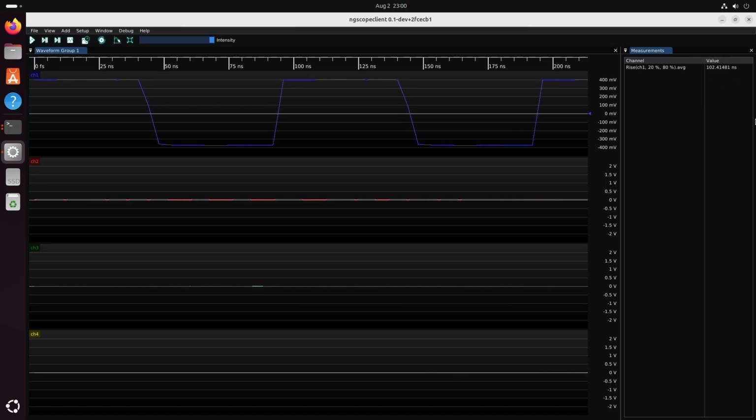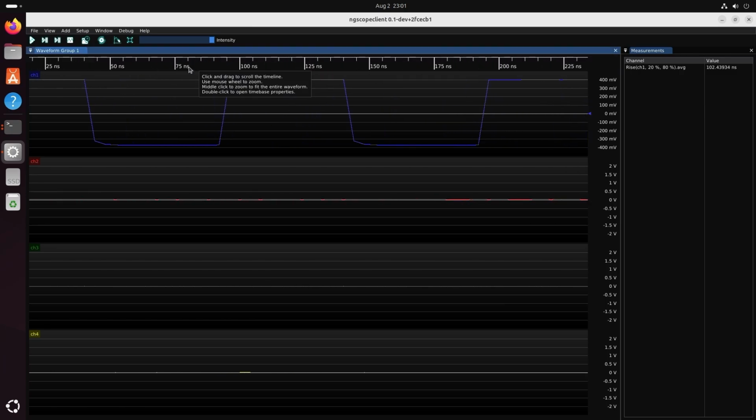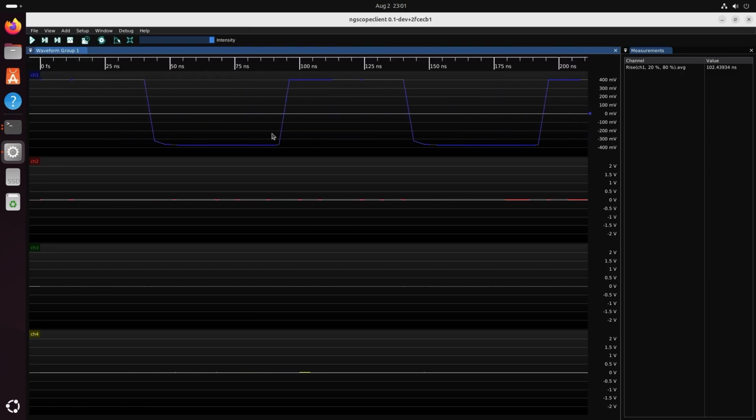So yeah, this measurement can't make heads or tails of this because that edge is literally one sample a lot of the time. So let's take it that the bandwidth is way higher than what we can do on 4-channel mode.